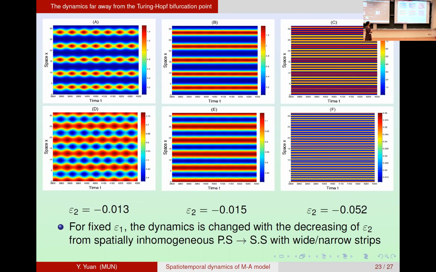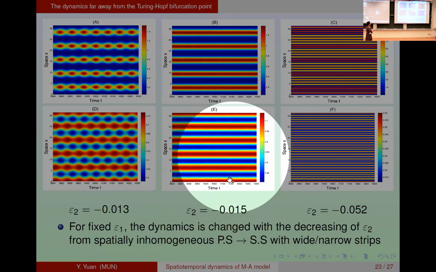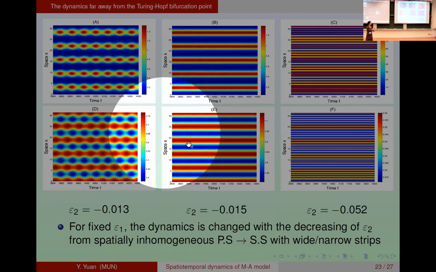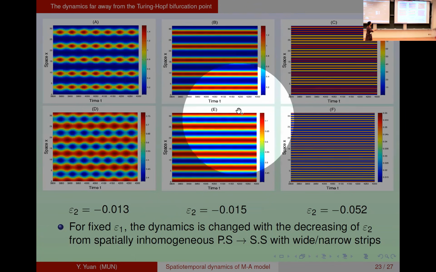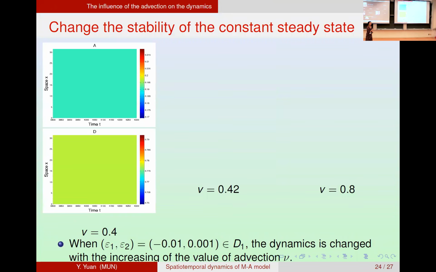With different epsilon2, we get a different inhomogeneous steady state, but we can see the strips are white and light. Because we're far away from the Turing-Hopf point, this is what we can see.